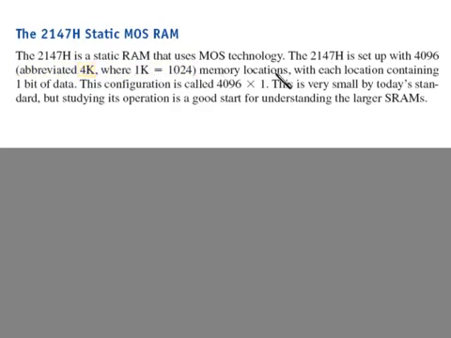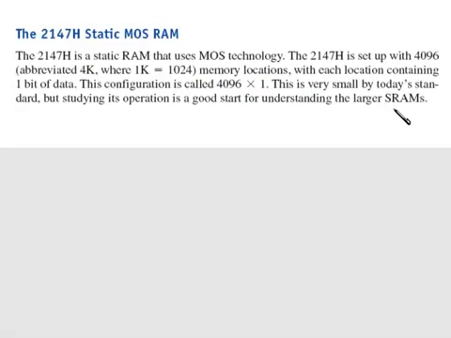Okay, so that's how many memory locations there are, with each location containing a single bit. So this is a bitwise sort of a memory situation, just to help us understand how these work. It's written as 4096 by 1. This is very small by today's standards, but by studying this operation, it's a good start for understanding the larger SRAMs.